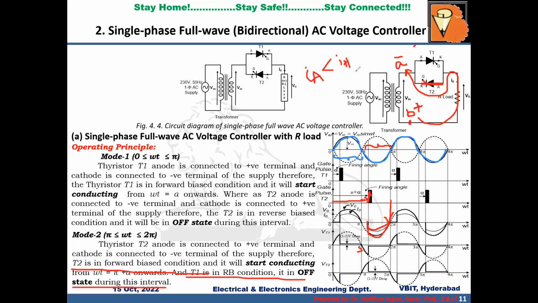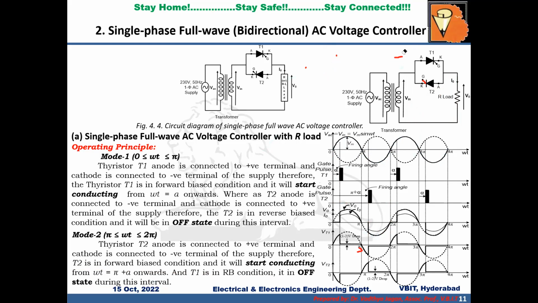So throughout this AC voltage controller, since the input is AC, a natural commutation technique is used to make the thyristor off. Without any additional commutation circuit, the thyristor will go off automatically. That means natural commutation techniques are used to make the thyristor off, right?